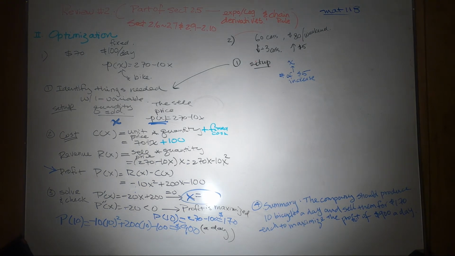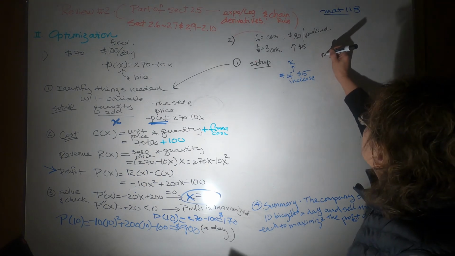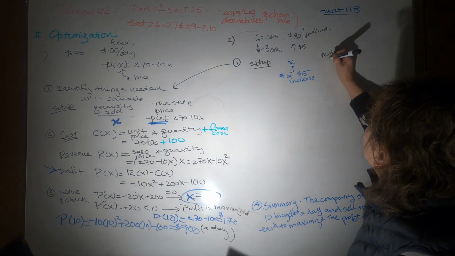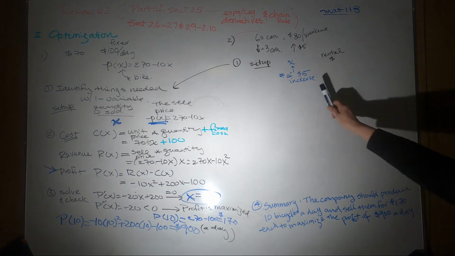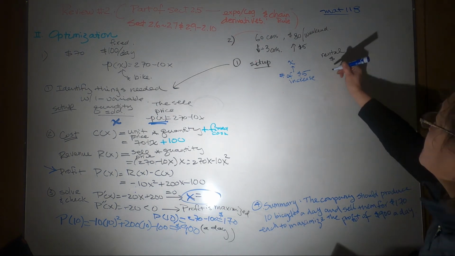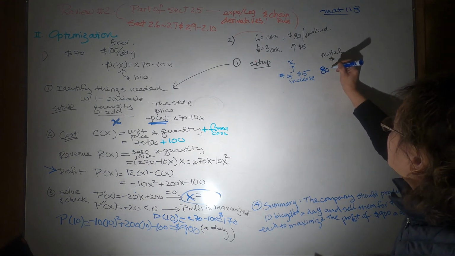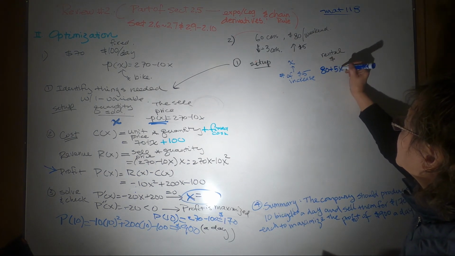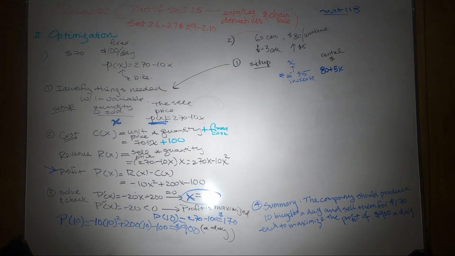So the rental price will be what? It depends on how many increases you have. That's your X, right? So the rental price will be 80 plus X, how many $5 you increased, right?